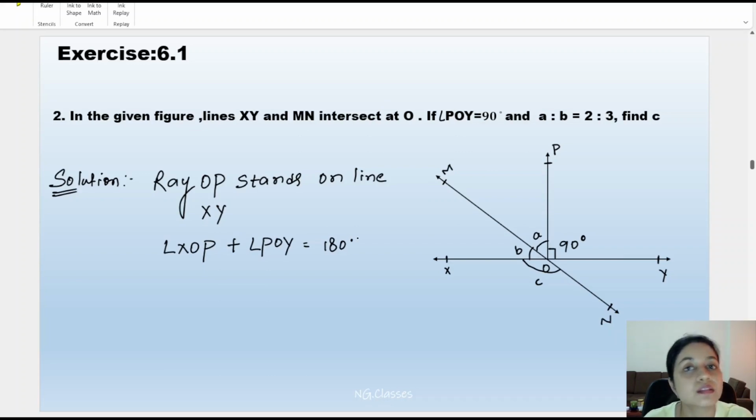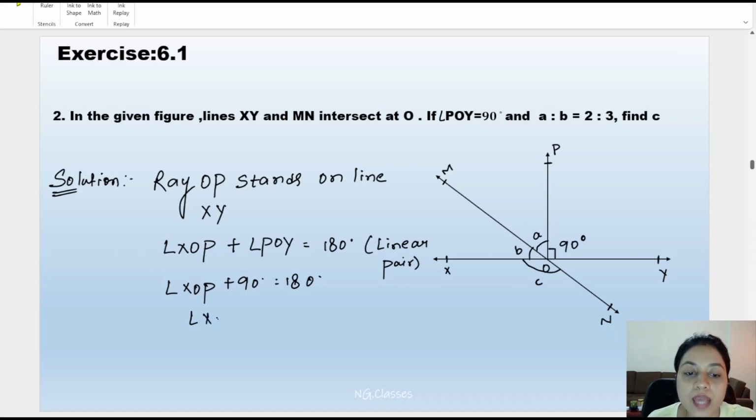We can write the axiom over here or we can also write both are a linear pair. So angle XOP plus 90 degrees is equal to 180 degrees and from here we got angle XOP is equal to 90 degrees. That means the sum of A and B will be 90 degrees, right?